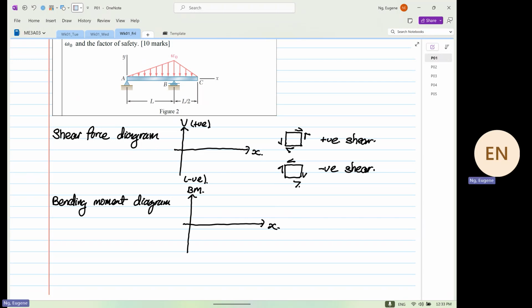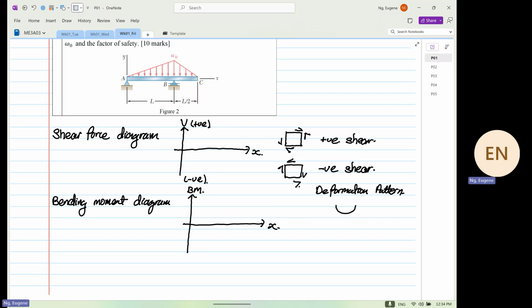In terms of positive bending moment, if we look at the deformation pattern, for positive bending moment the deformation pattern is a smiling face.